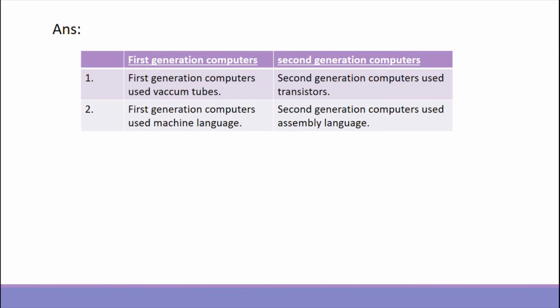First generation computers used vacuum tubes, whereas second generation computers used transistors. Number 2. First generation computers used machine language, whereas you will write second generation computers used assembly language.